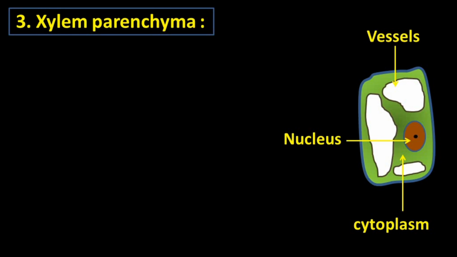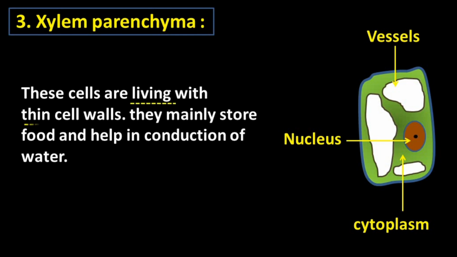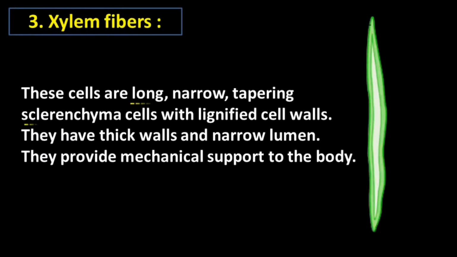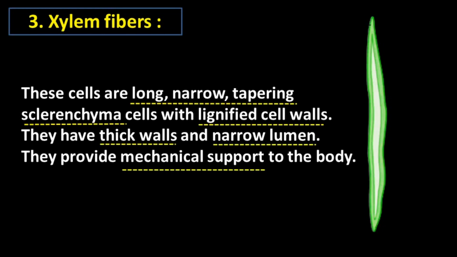Xylem parenchyma, this is the third type of cell present in the xylem tissues. These cells are living, thin-walled, and main function to store food and help in the conduction of water. Xylem fibers. These cells are long, narrow, tapering Sclerenchyma cells with lignified cell wall.